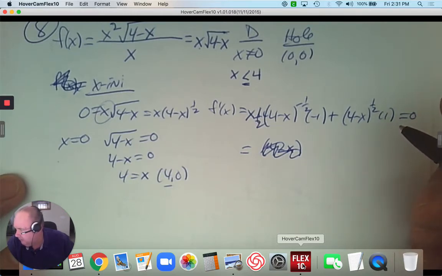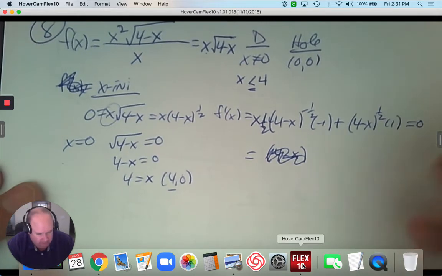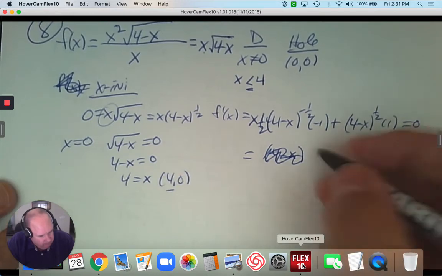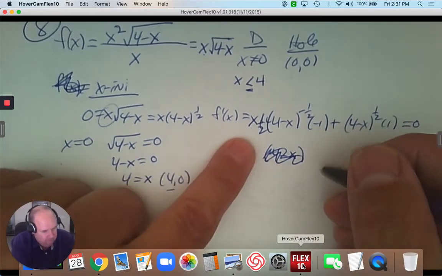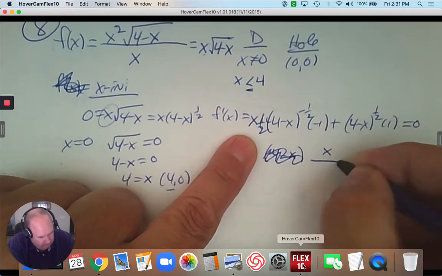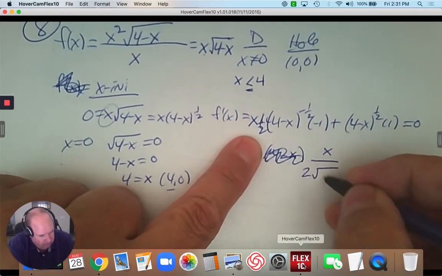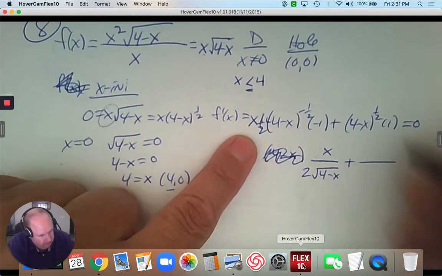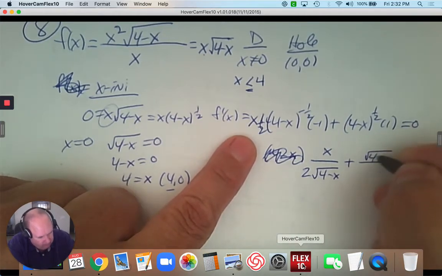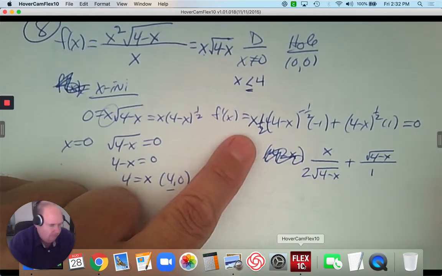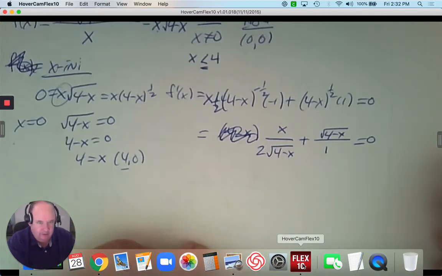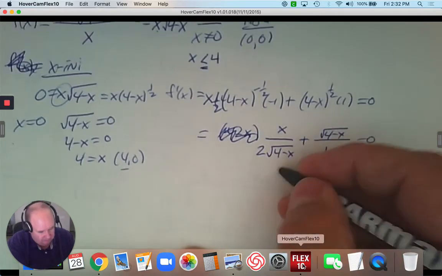So when you take the derivative, let's write this as one fraction. So we have x, and in the bottom we have 2 and the square root of 4 minus x. And I have the square root of 4 minus x here. To solve this, a little tricky, I need the denominators to be the same.